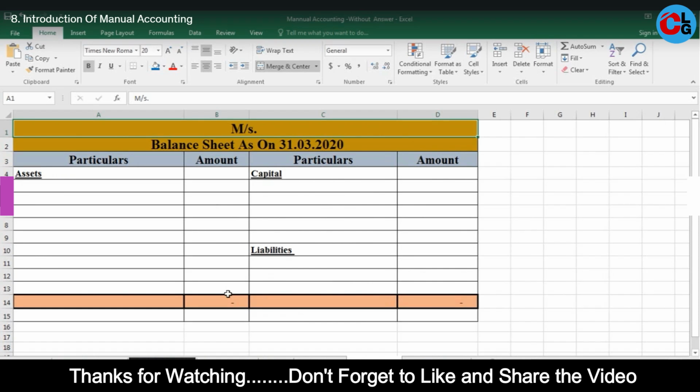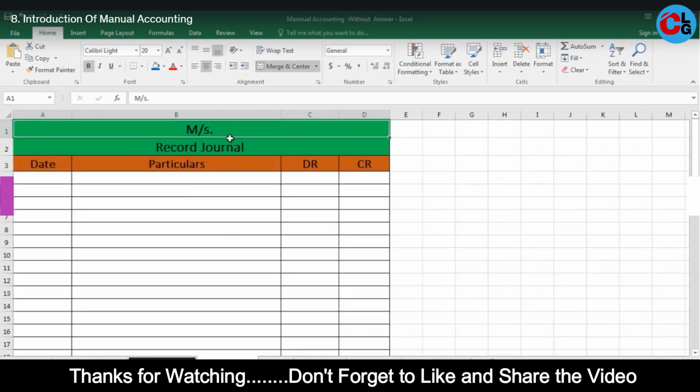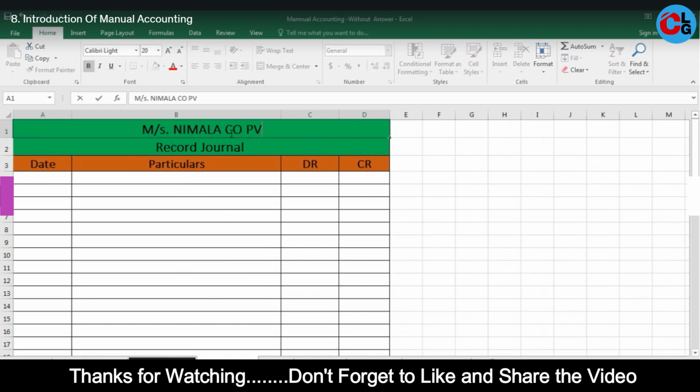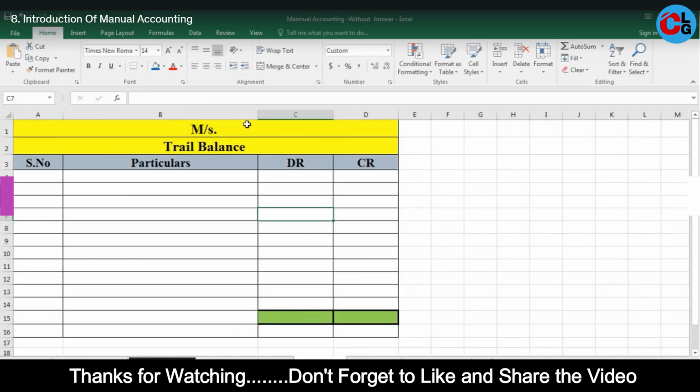First I am going to put the name of the company in all the books. In the journal record I am going to put the name Nimala Co Private Limited. For the ledger, there is no need. In the trial balance we have to put Nimala Co Private Limited.